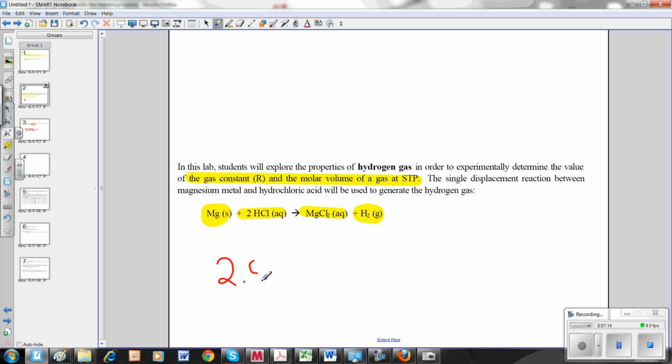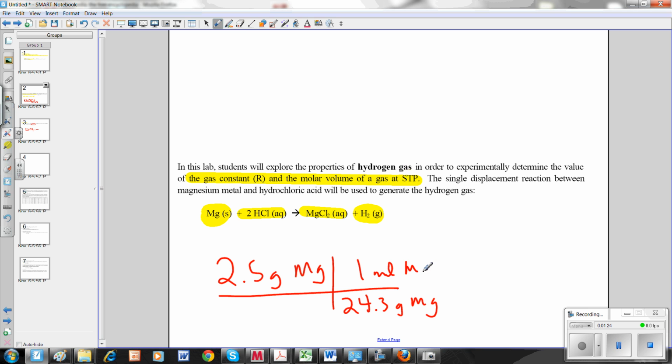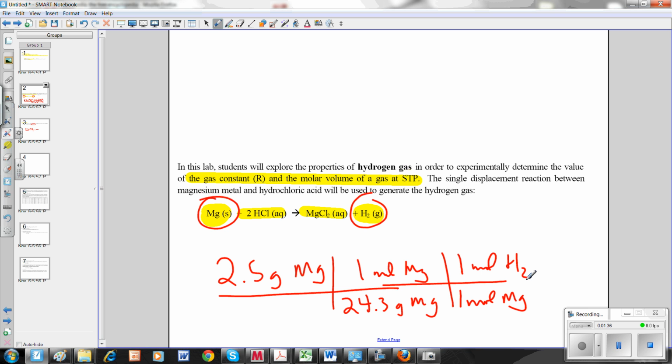So if I have 2.5 grams of magnesium, molar mass of magnesium would be 24.3 grams of magnesium is equal to 1 mole of magnesium. Finally, the ratio of magnesium to H2 gas is 1 to 1, so 1 mole of Mg is equal to 1 mole of H2. That will allow us to calculate moles of H2.